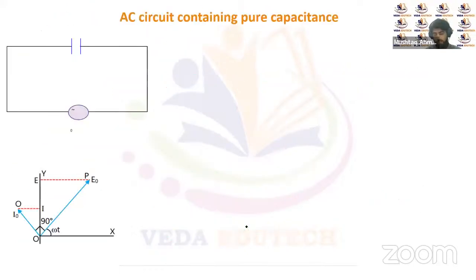Now let's discuss the pure capacitive circuit. In the case of a pure capacitive circuit, we are supplying an AC voltage E equal to E naught sine of omega t. Let C be the capacitance of this capacitor.